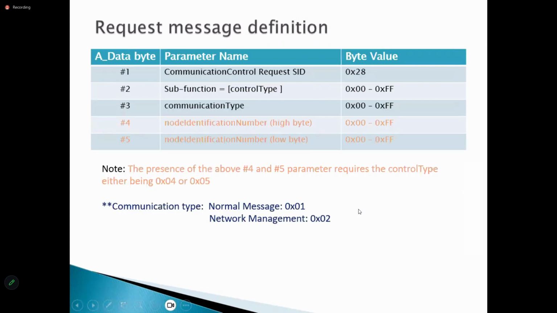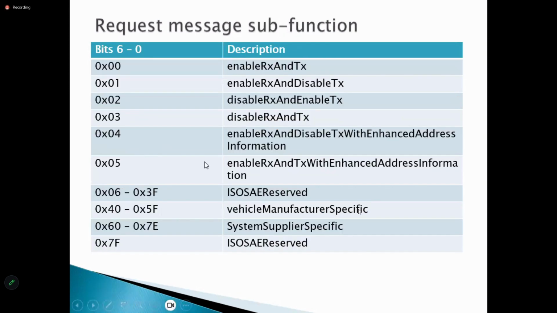Using this, we'll give the node identification number, which node we want to enable or disable. So using the 4th and 5th byte, if we select 4, enable Rx and disable Tx for that node. Enable Rx and Tx with enhanced addressing mode means it will enable Rx and Tx both for that particular node. So here we'll give the address information of a node.